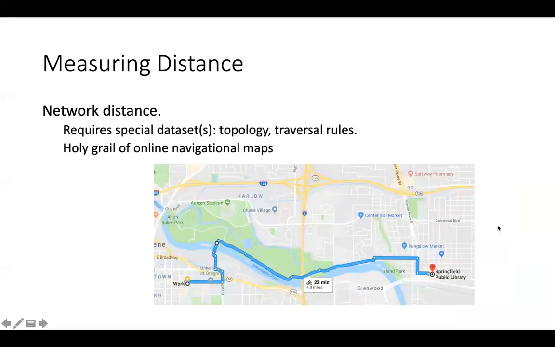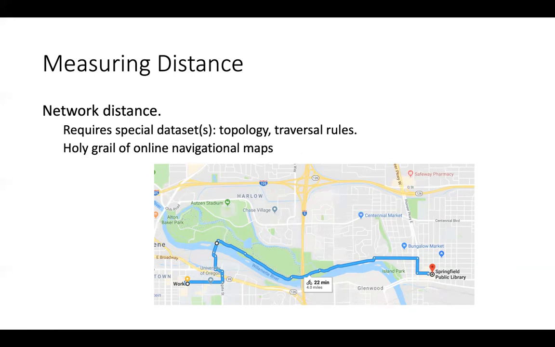Finally, we have network distance. Remember how Euclidean distance is just the straight line path, or as the crow flies distance? Well, network distance gives you the distance following a network. Perhaps this is following the street network, like you would need for getting directions or distance driving your car. Or like here, where I used the bike network.